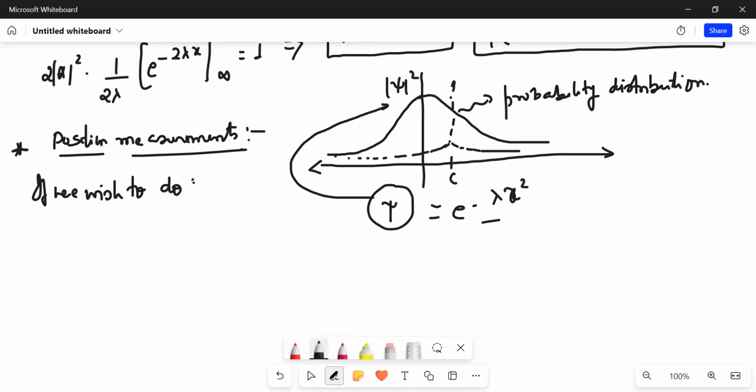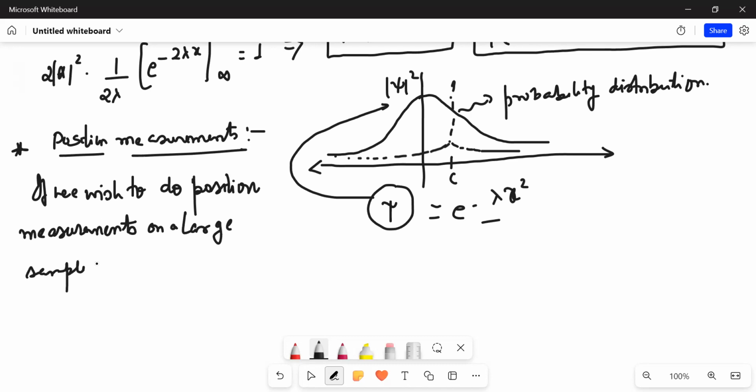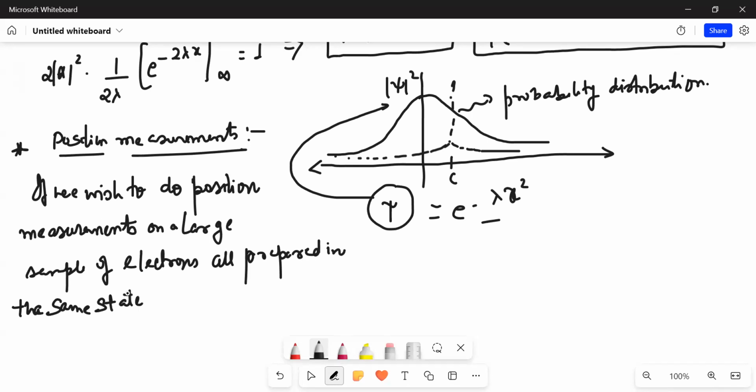If we wish to do position measurements on a large sample of electrons, all prepared in the same state, we would get different results.